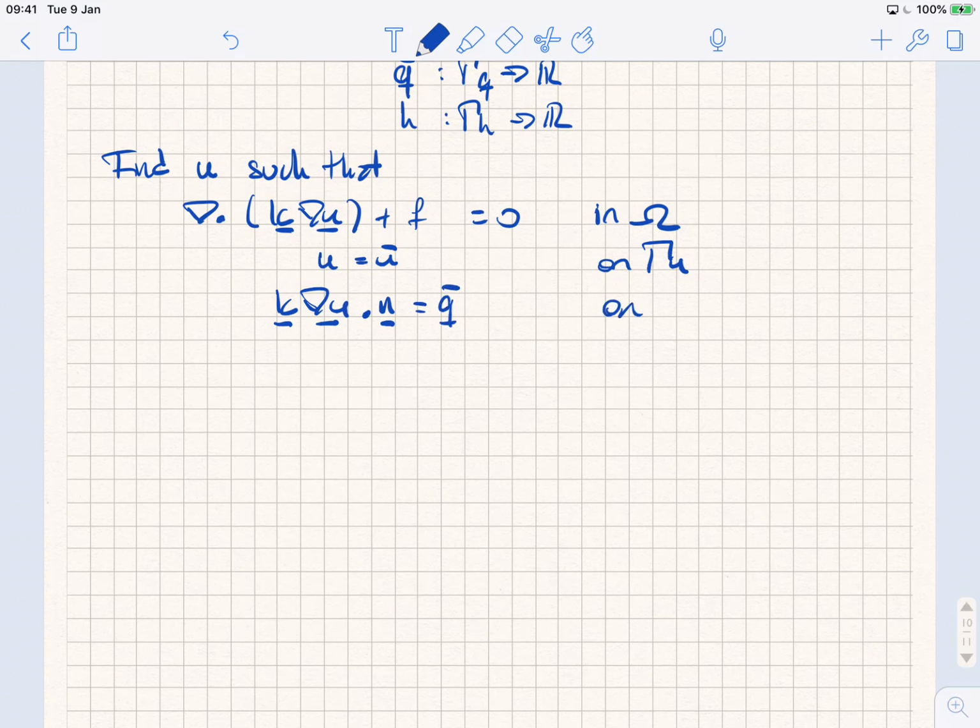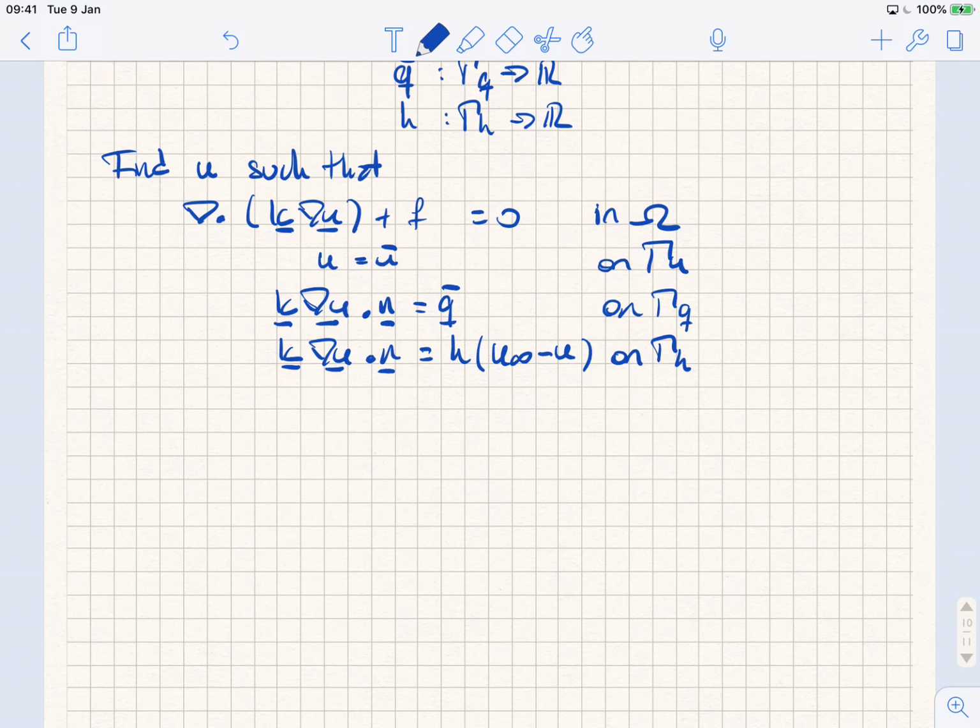And this is on gamma q. Then finally we have the convective boundary condition, which looks very similar, equal to h, which is a scalar field, times u infinity, on gamma h. Okay, and that is our strong form of the boundary value problem.